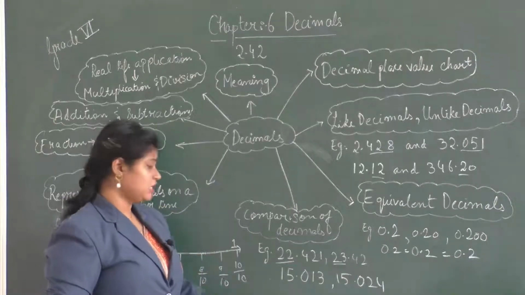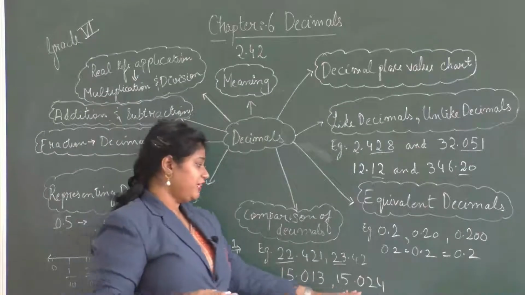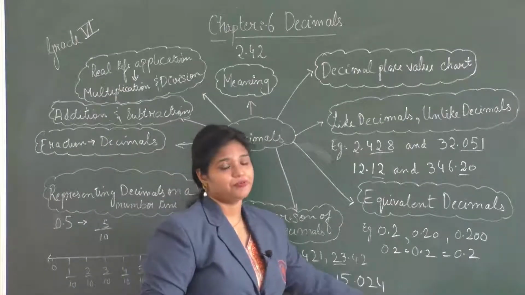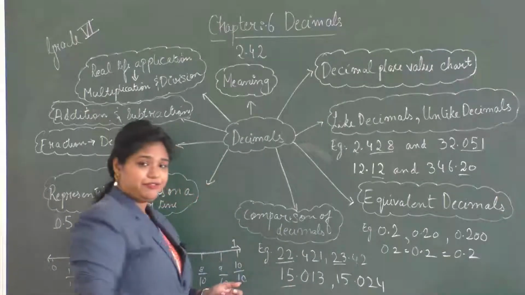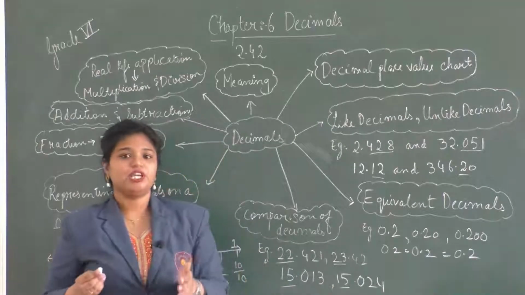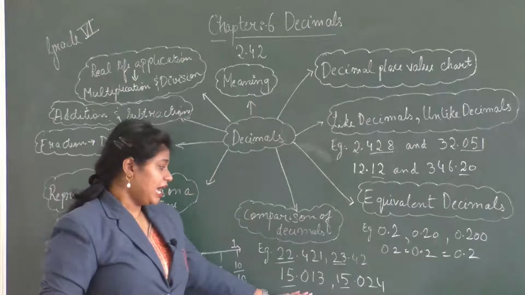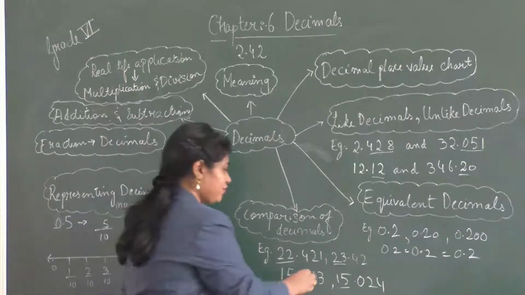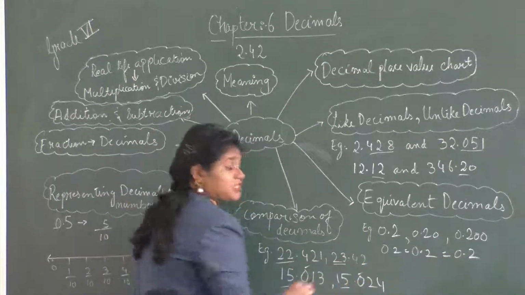Now let's look at the second example. The numbers are 15.013 and 15.024. So first we should look at the whole number part. Here we have 15, in the second number also we have 15. So we cannot do the comparison. Now we move on to the decimal part. In the 10th place we have 0 in the first number and in the second number also we have 0.